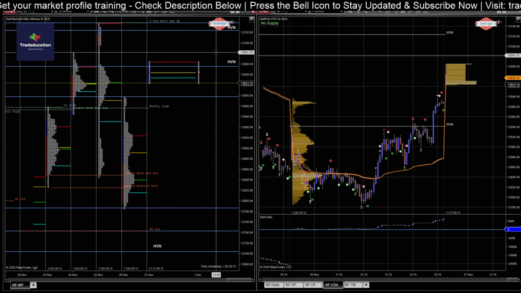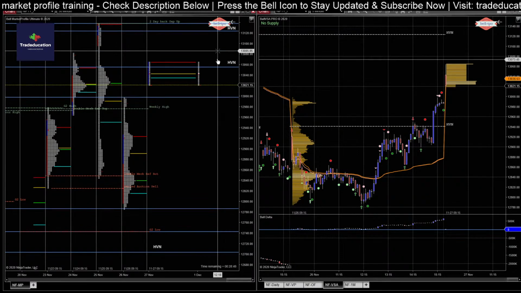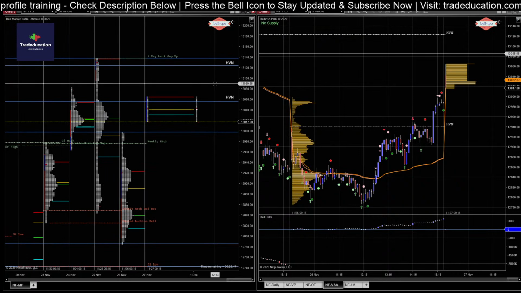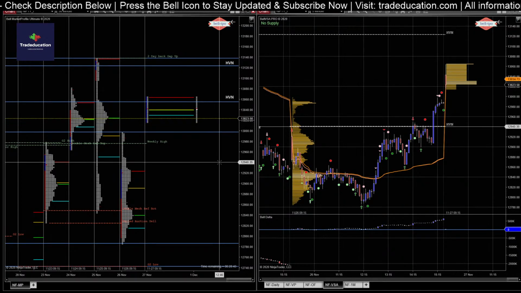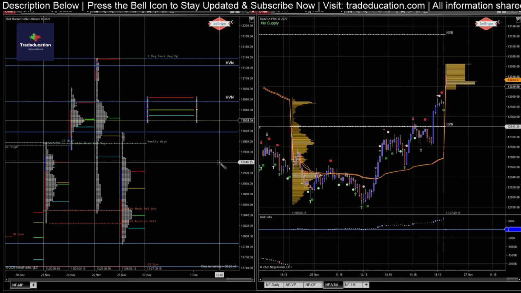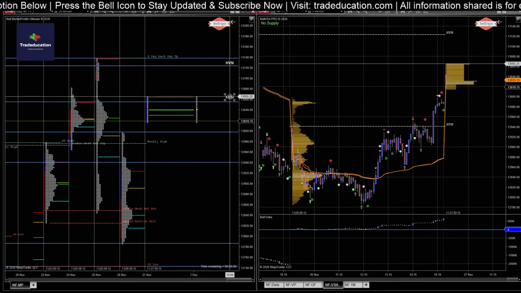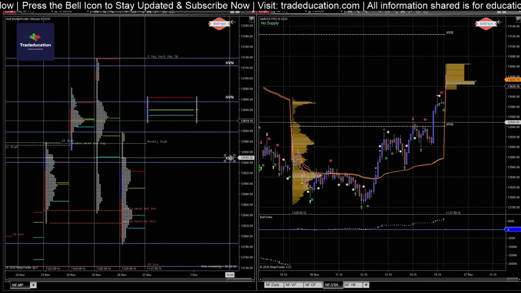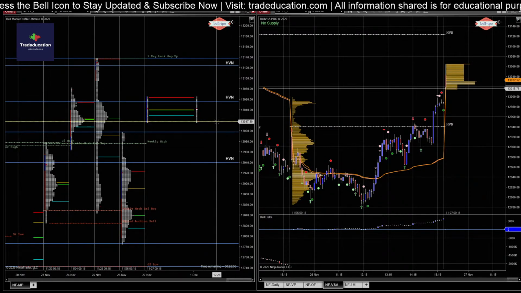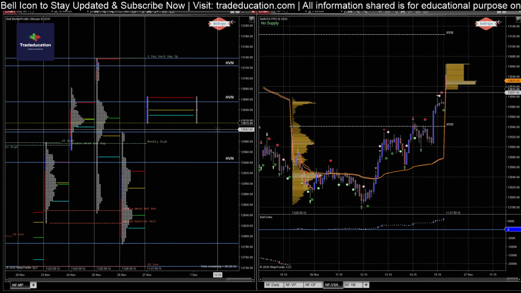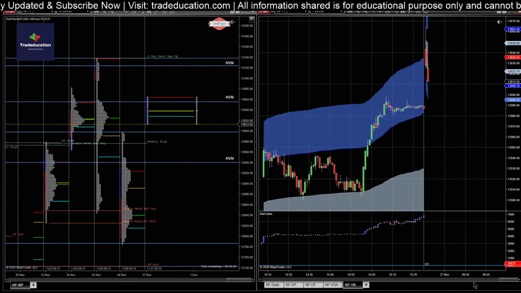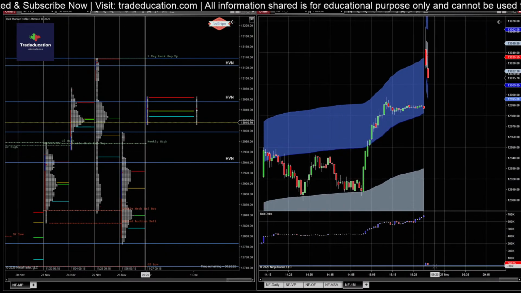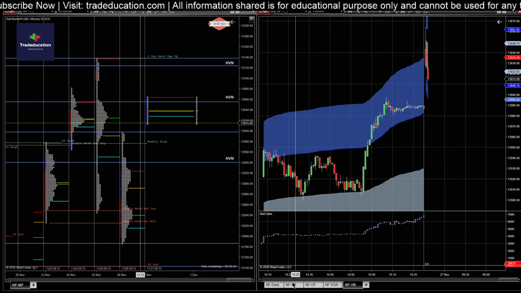Also now this reference. This is one more HVN, and we have one more HVN here. So let me just add that HVN. Okay. So let's see whether the gap is getting filled or not. Overall delta is positive. It's just hovering around the 0 line.